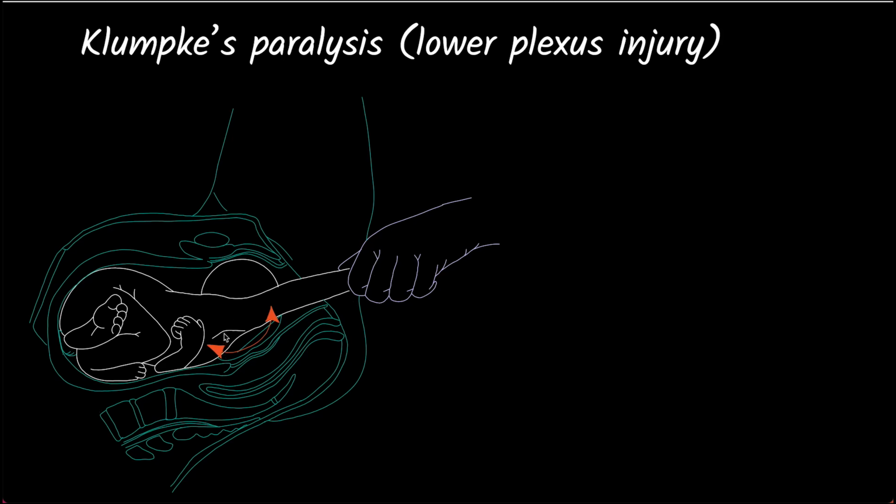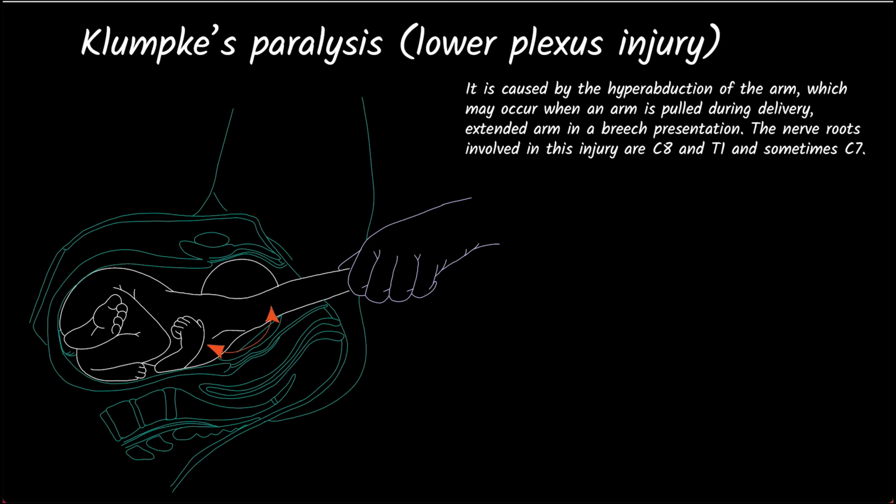There is a hyperabduction of the arm when it's pulled out, and that will result in involvement of the nerve roots, primarily C8 and T1, and plus or minus C7 can be affected.